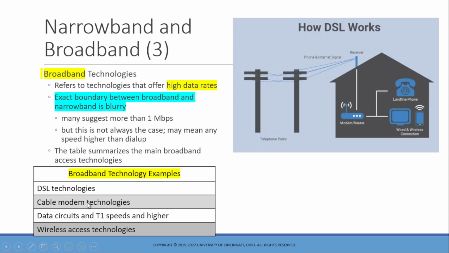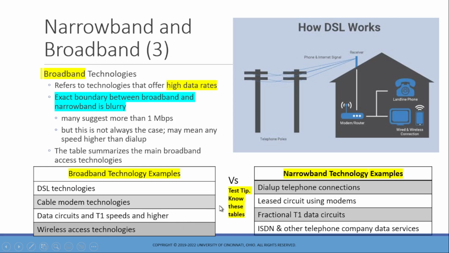Then you have cable modems. We'll talk about T1 lines and wireless access. So here are the two different kinds of options and techniques you can use, between broadband and narrowband.